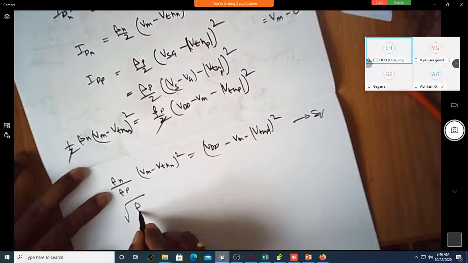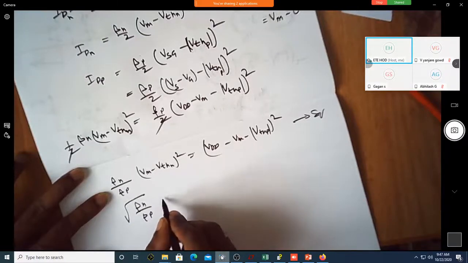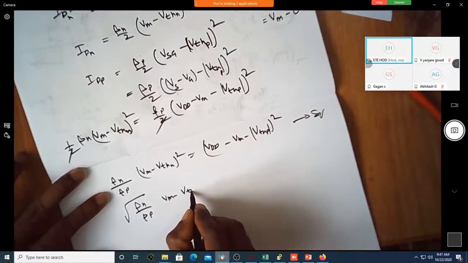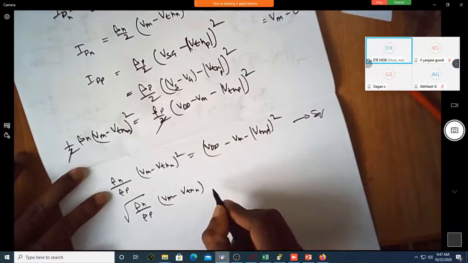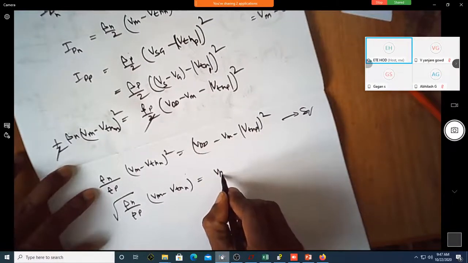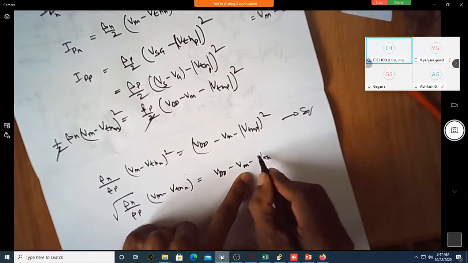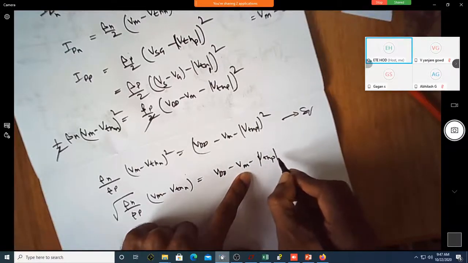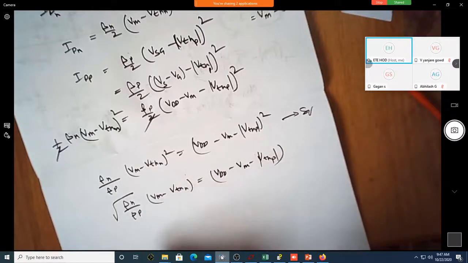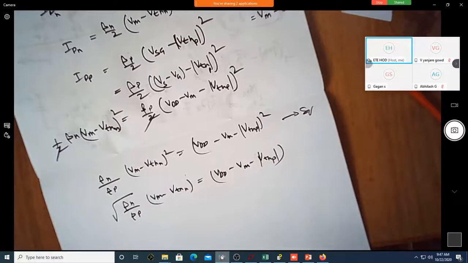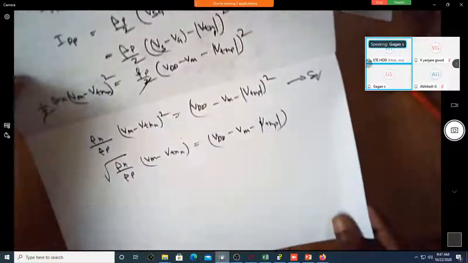Is it now root of beta n by beta p times (Vm minus Vth n) equals VDD minus Vm minus magnitude of Vth p?